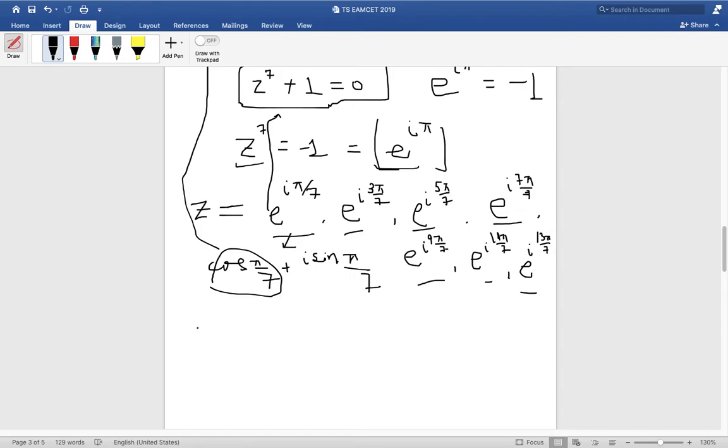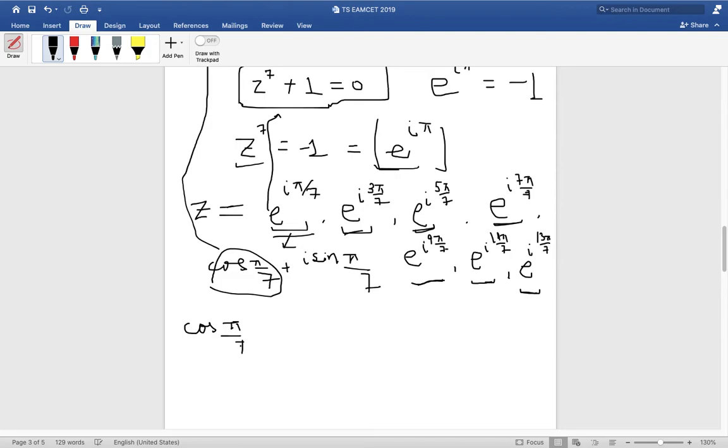Okay, and when I expand this in cos and sine terms, I will get two parts, real part and imaginary part. Since it is equal to 0, the real part has to be 0 and the imaginary part has to be 0. What will be the real part of it?